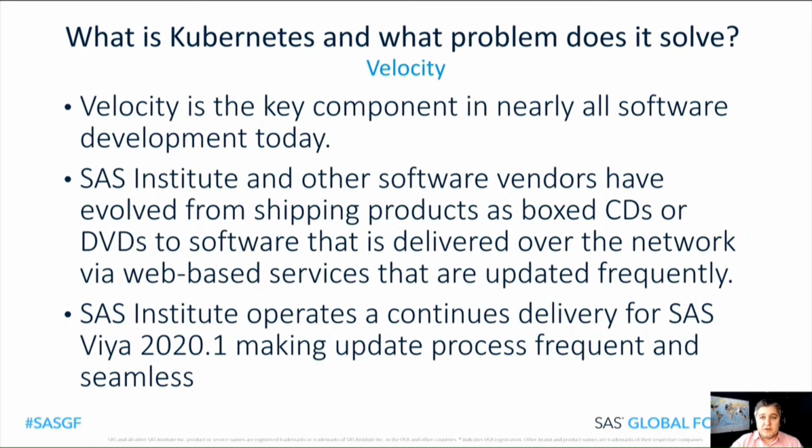I personally feel velocity is having one of the biggest impacts on SAS Viya 2020.1. SAS Institute, like other vendors, moved from distributing the software on CDs and DVDs towards a fully electronic distribution. With Kubernetes, the updated software can be quickly and easily installed. It's simply a matter of replacing one container image with another, and then requesting the Kubernetes cluster to make the change effective.